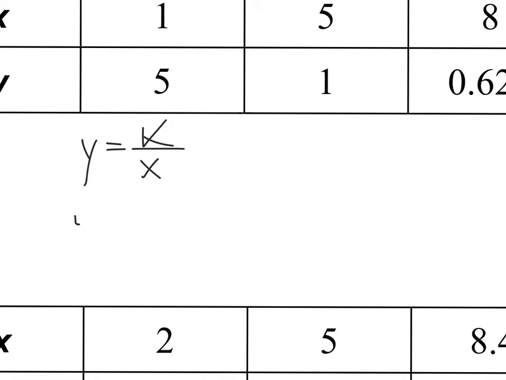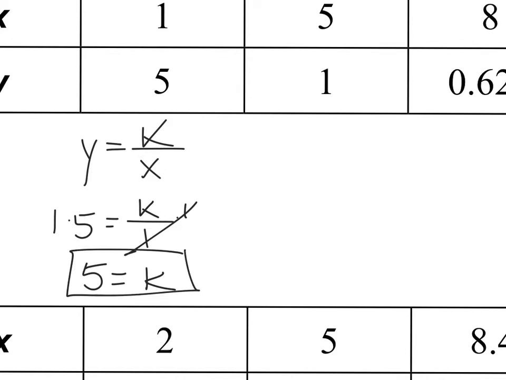So I'm going to plug in y is 5 and x is 1. You multiply by 1, those cancel. So 5 equals k. I get a constant of proportionality of 5. Does that exist in the second one too? Now you can keep going if you want, but generally if the second one has the same constant of proportionality, then the rest of them will too.